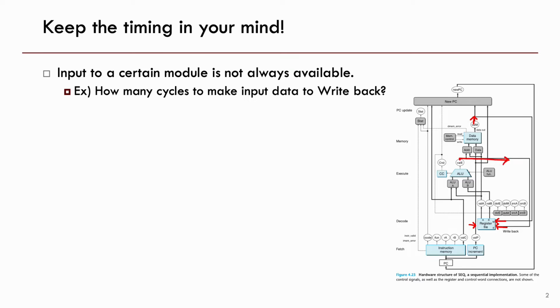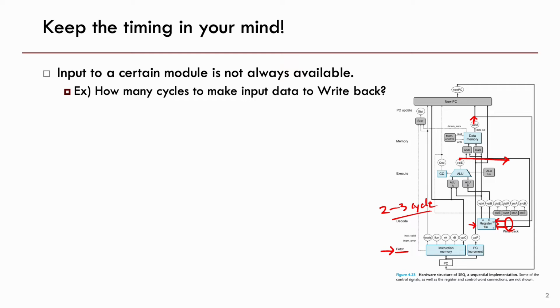Okay, so it is very far from the beginning of the execution, the fetch stage. So let's assume it takes at least a couple of cycles, let's say 2-3 cycles, to make these two input data for the register file.